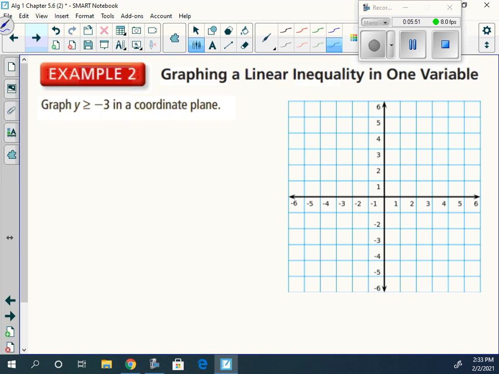Now y equals -3. Well, the point -3, it will intersect the y-axis at -3. And it's going to be going to the left and to the right. It's going to be horizontal.